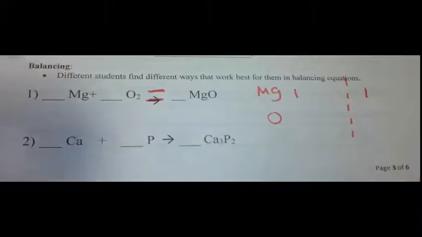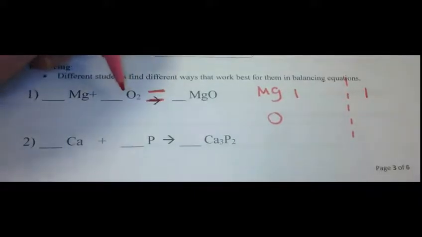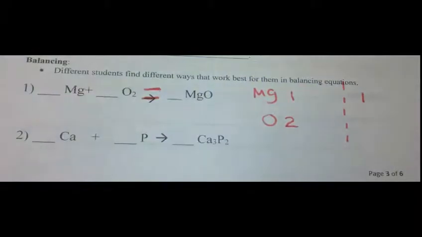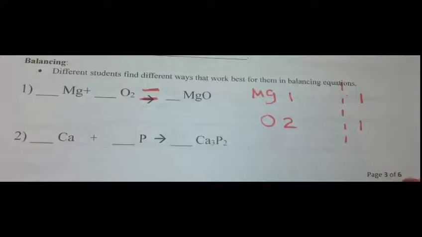All right, so let's go to the next reactant, that is oxygen. On the left side of this equation, I have 2 oxygens, but on the right side there is only 1 oxygen. So this violates the law of conservation of mass.